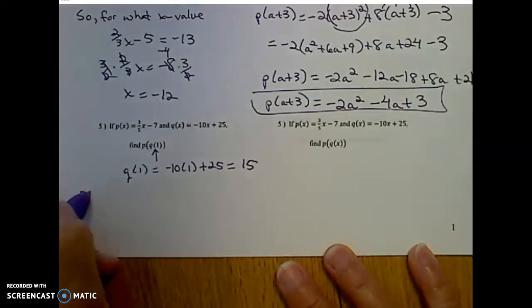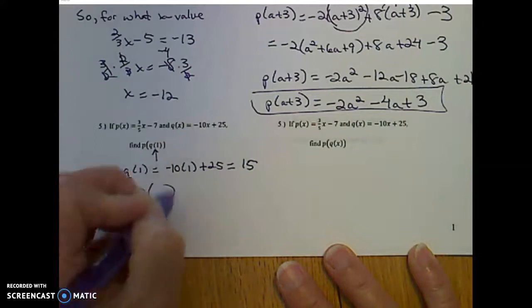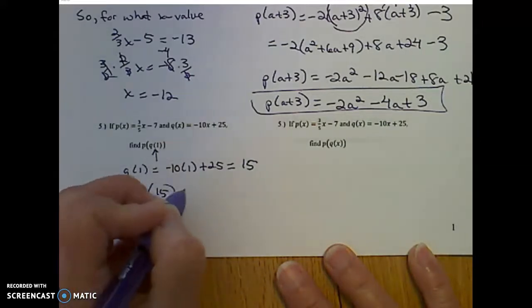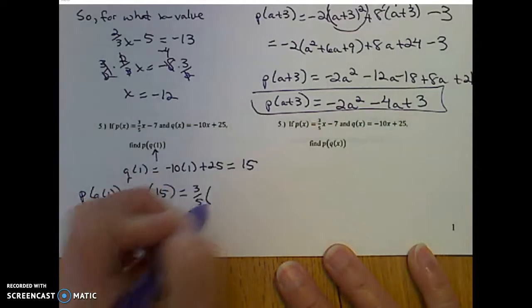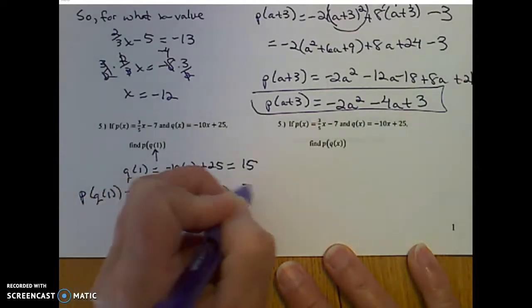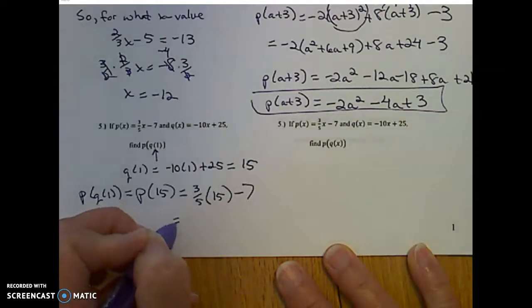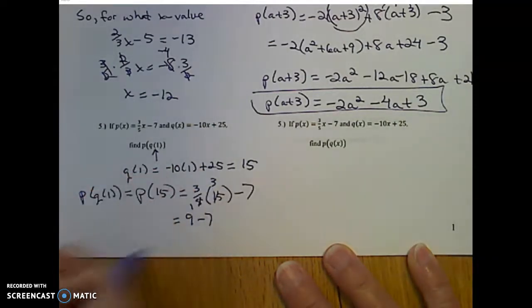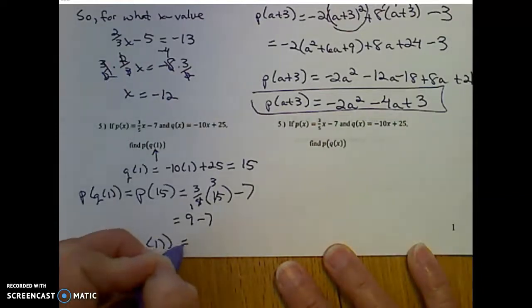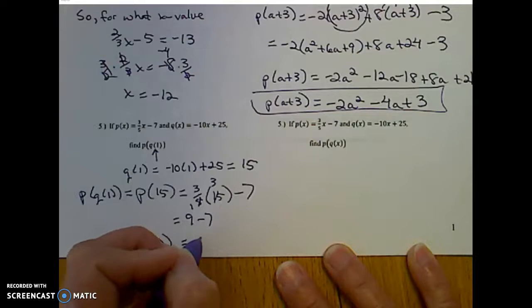So really I want p of q of 1, and q of 1 is 15. And now p of 15 is 3/5 times 15 minus 7, which is equal to 9 minus 7, and p of q of 1 is 2.